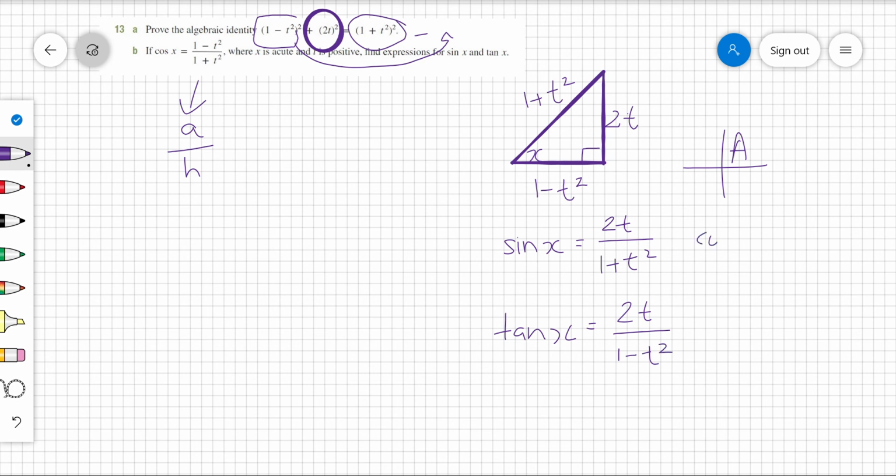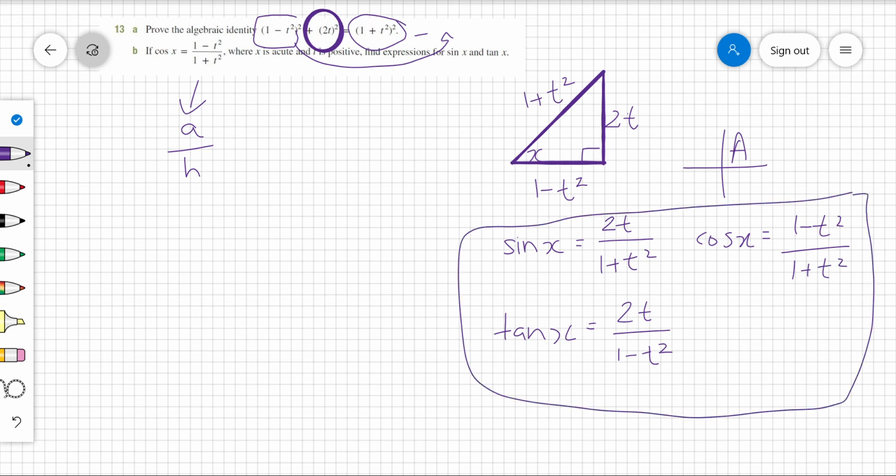And I'll just add cos x there, which we were given, the weird one in a way. These are really important identities that we are going to use. Sine x equals 2t on 1 plus t squared, cos x is 1 minus t squared on 1 plus t squared, and tan x equals 2t on 1 minus t squared.